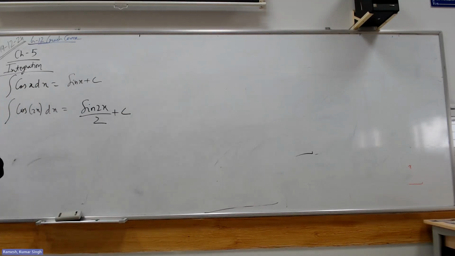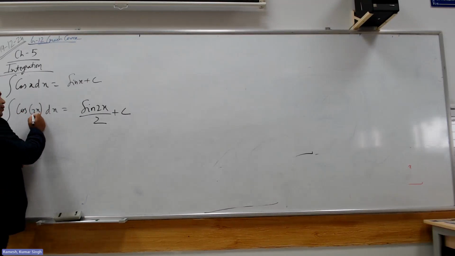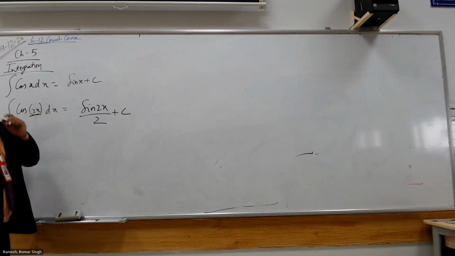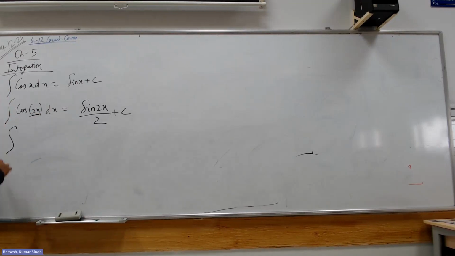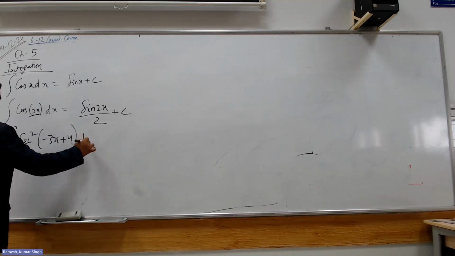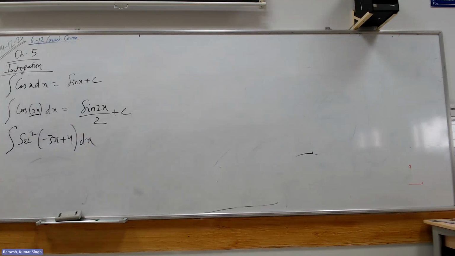Am I making sense? We can prove this as well using the substitution method. I will teach you what substitution is sometime. But just remember, whatever the coefficient of x, that will come in the denominator. Is that clear? So what will be the integration of secant square of minus 3x plus 4 dx? I want your attention here.